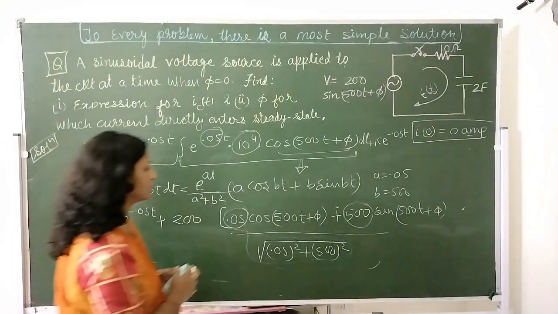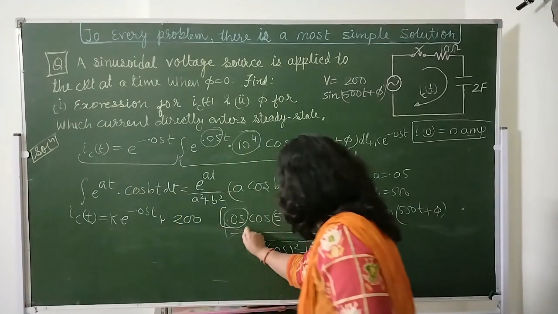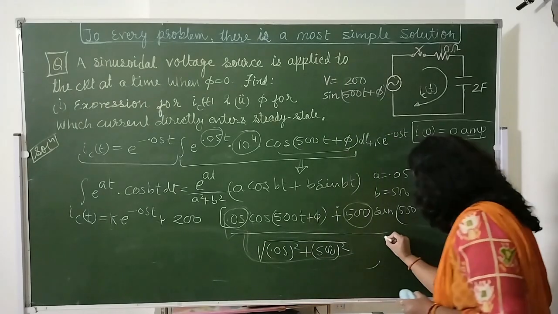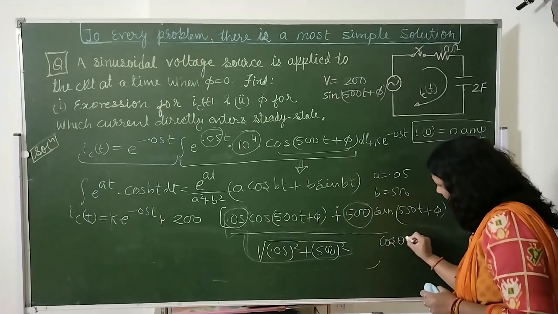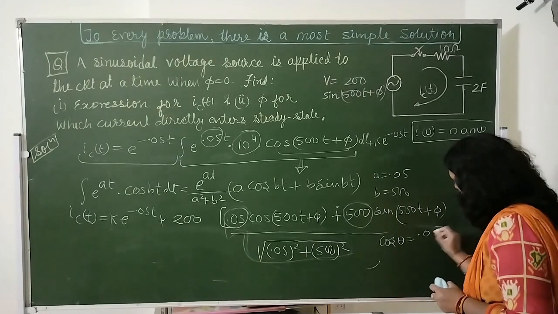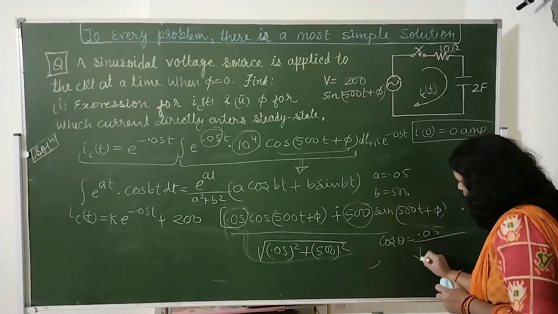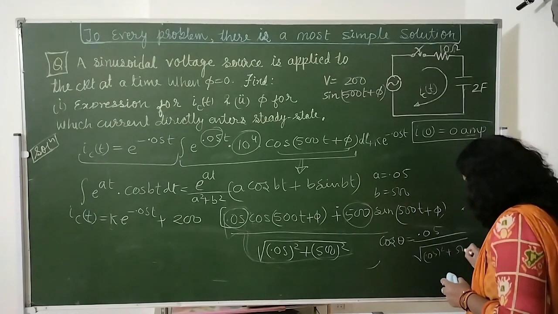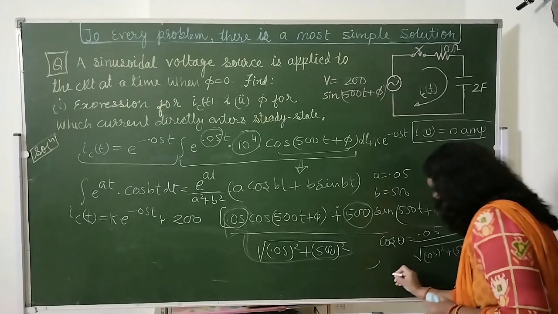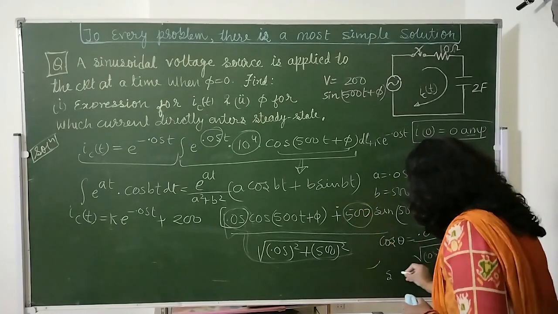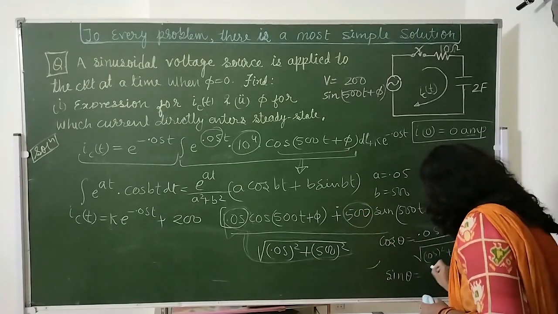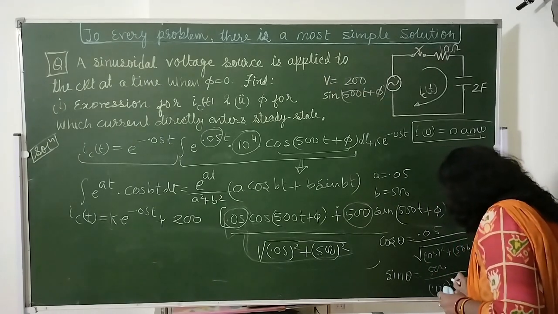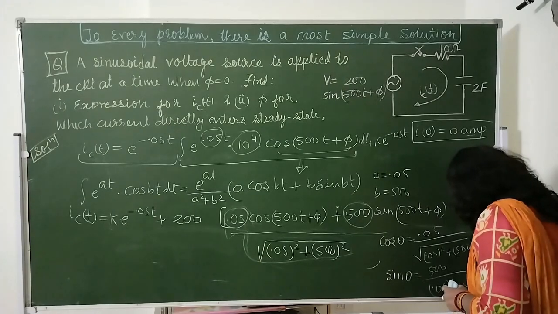Now replace this with cos theta. So our cos theta is 0.05 divided by root of 0.05 square plus 500 square. Similarly, replace this with sin theta, that is 500 divided by root of 0.05 square plus 500 square.